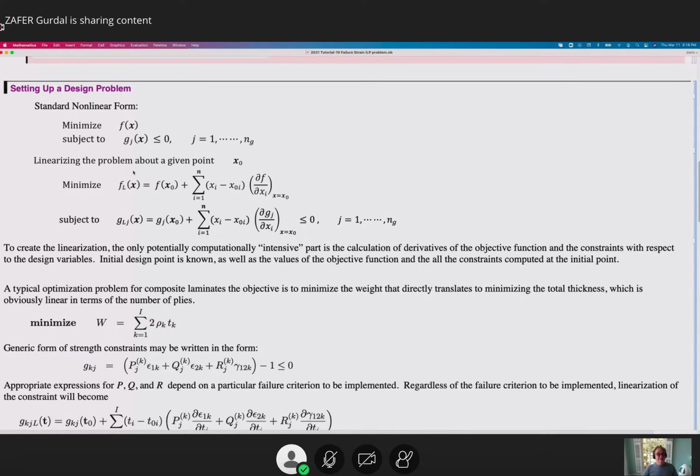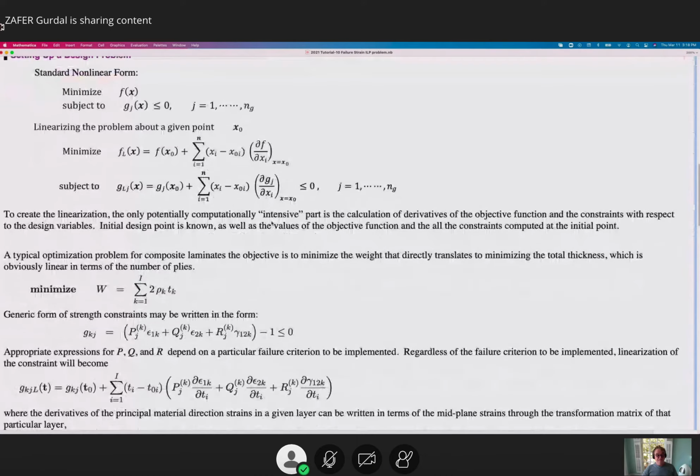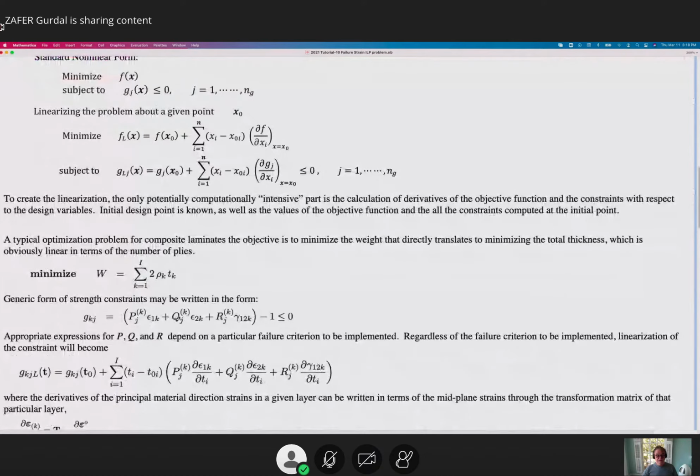And these constraints take some form of a failure criterion, which is defined by the values of P, Q, and R. If it's an interactive criterion that ties epsilon 1, epsilon 2, and gamma 1 2 together, then these have very specific values, and there's only one constraint per layer.